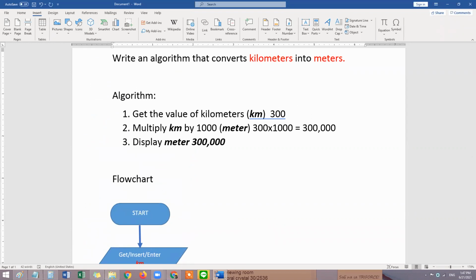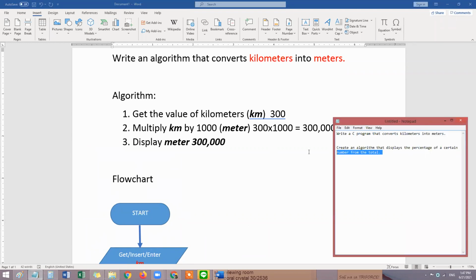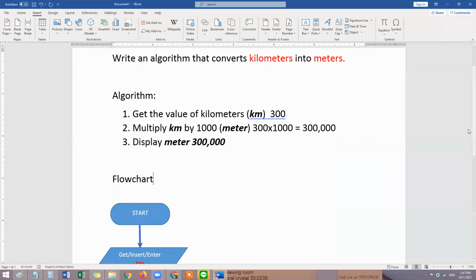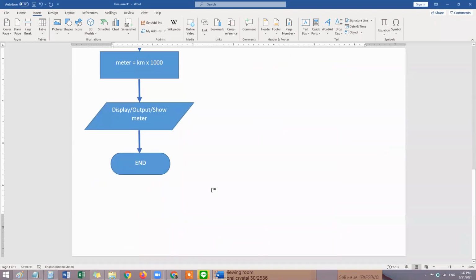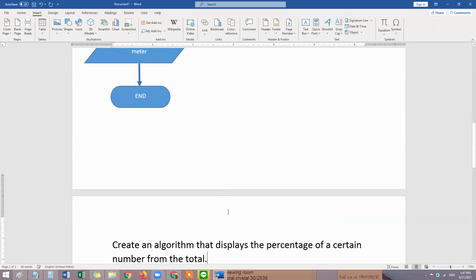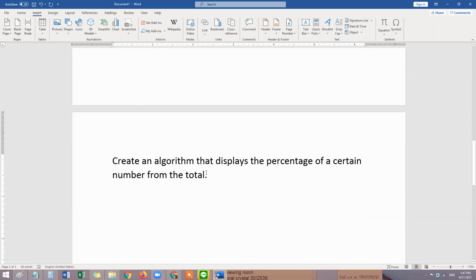Okay, so I only have 1 minute. Now let me explain another problem, and this one will be your homework or your seat work. The problem is create an algorithm that displays the percentage of a certain number from the total. For example, you will get a certain number, and then you will tell how many percent it is of the total.